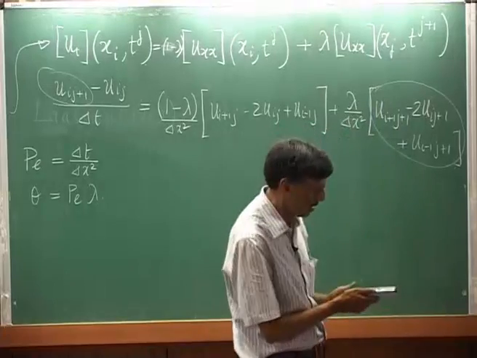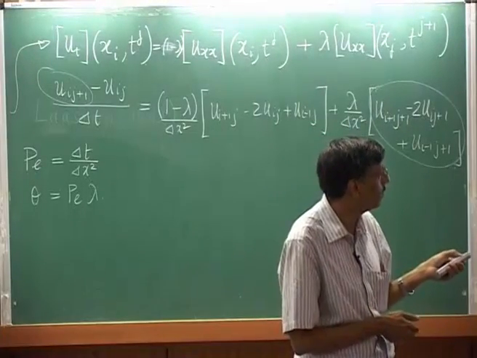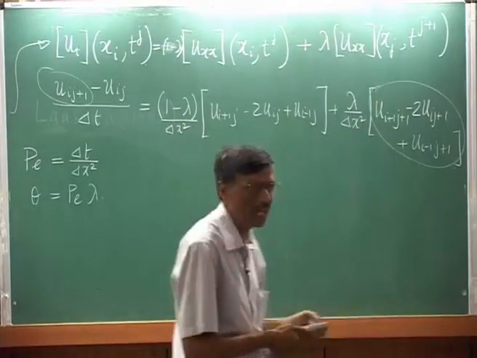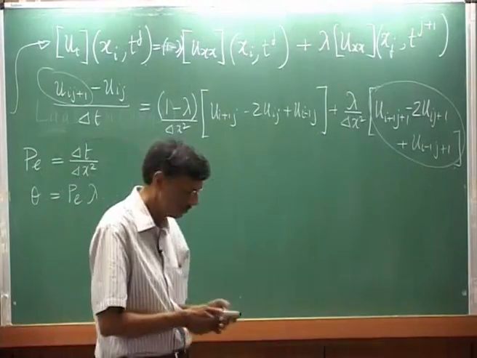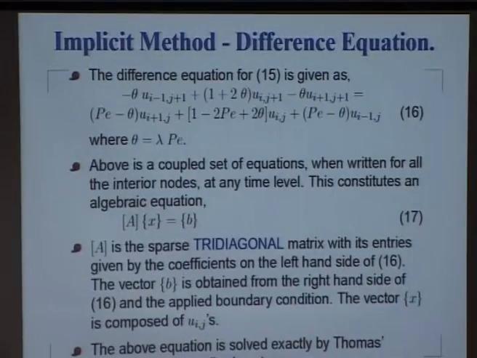Those are written down here on the left hand side, and put everything at the previous time level on the right hand side. This basically gives you this equation.